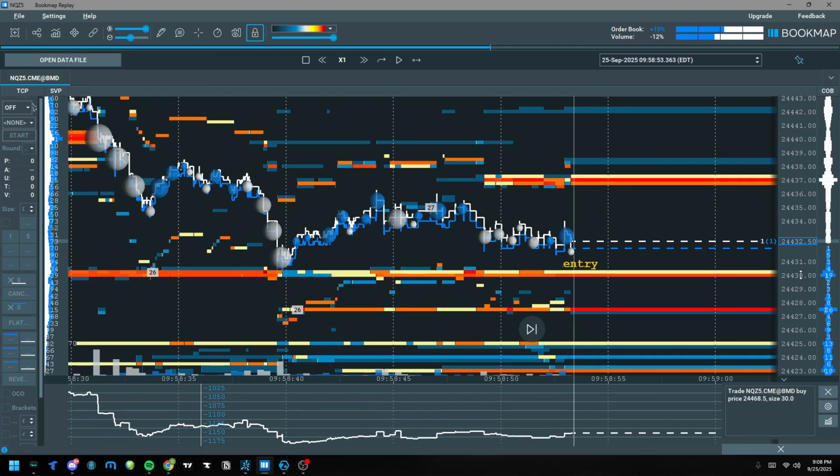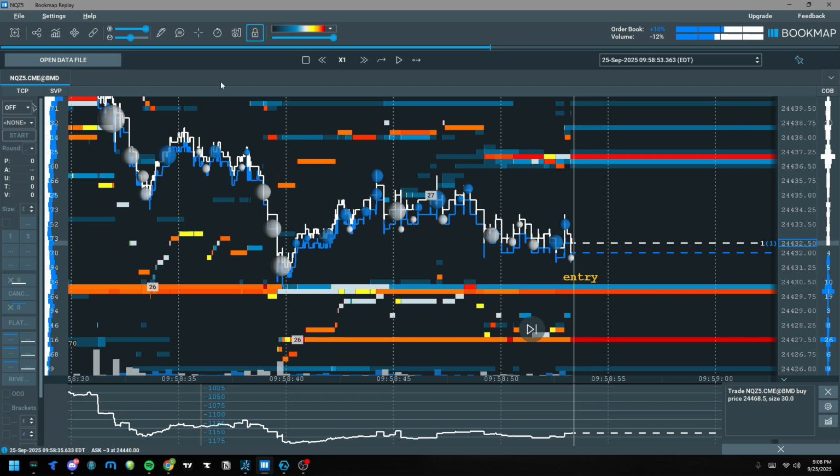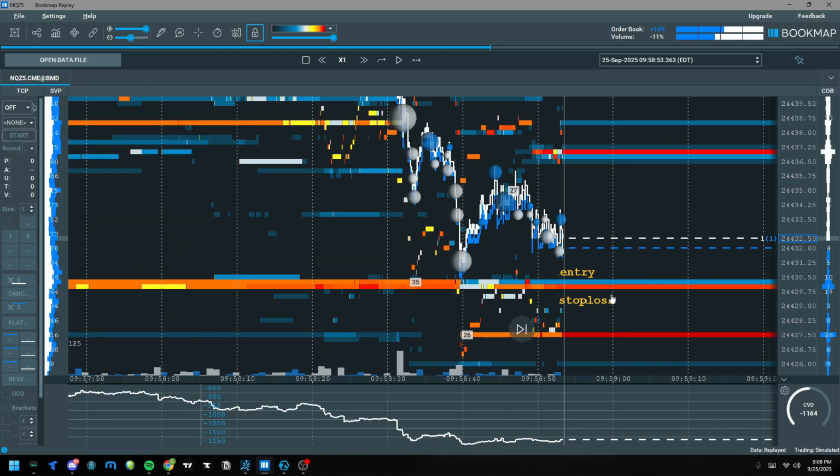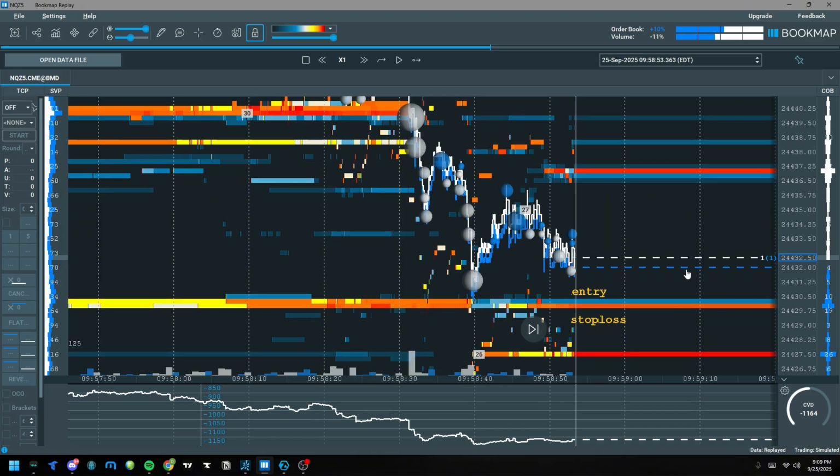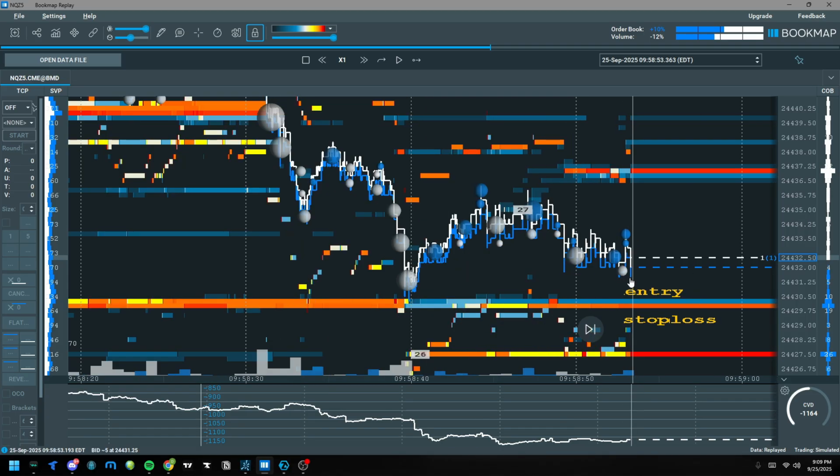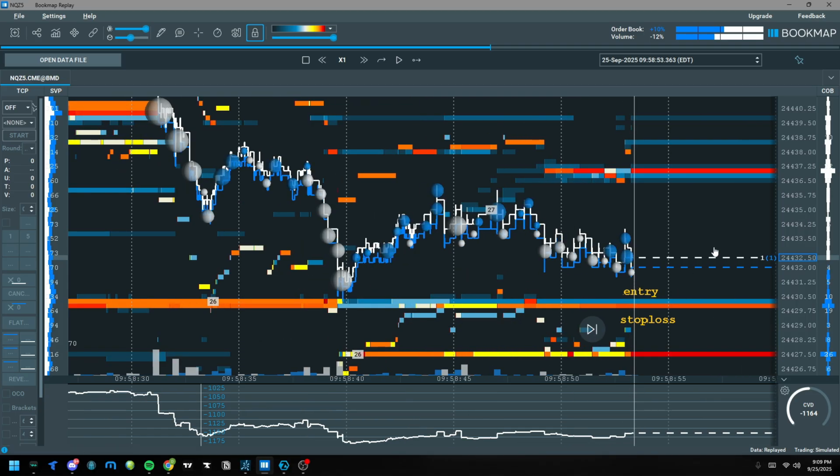And for stop loss, you could have set it below this right here, below these orders. This is on the tighter side when it comes to stop losses. But if we do end up breaking this, then the move would most likely be invalid.